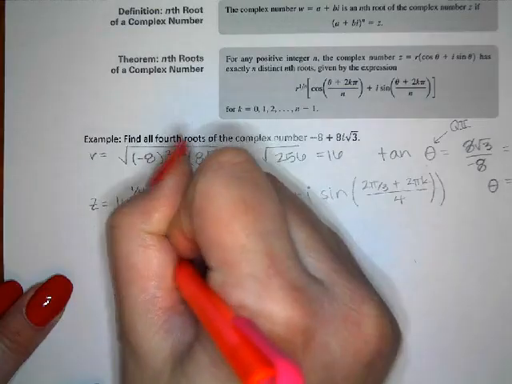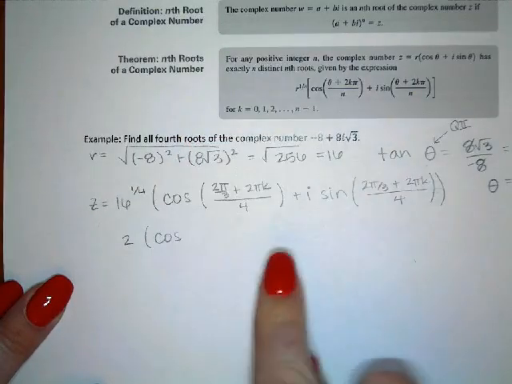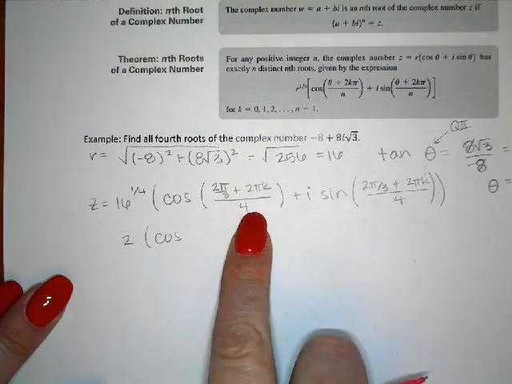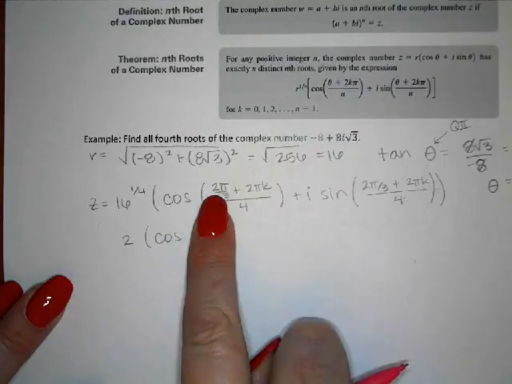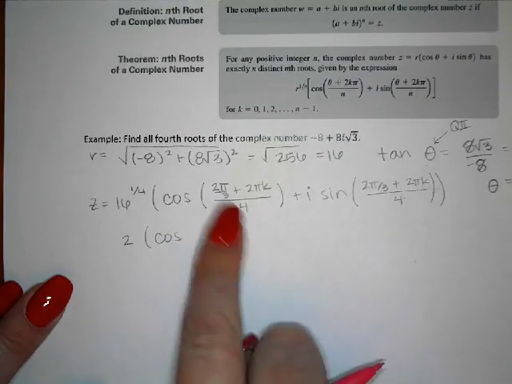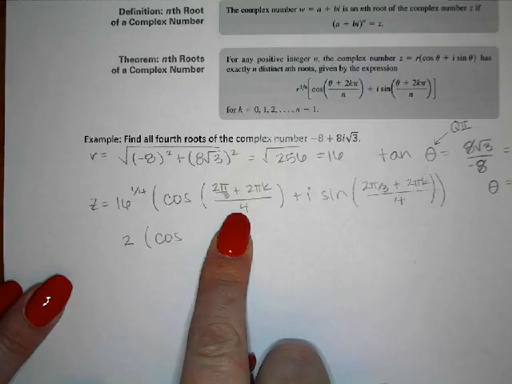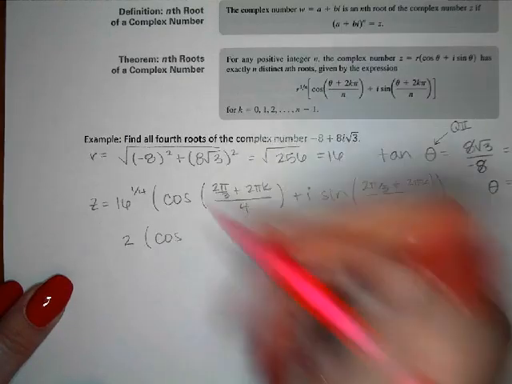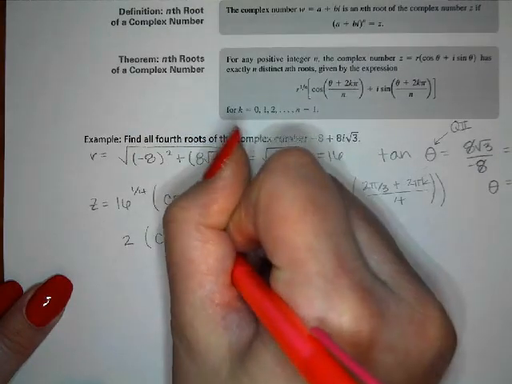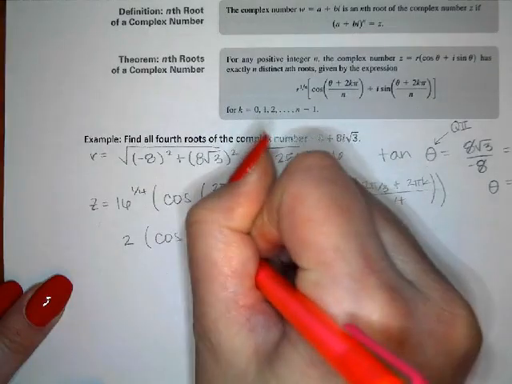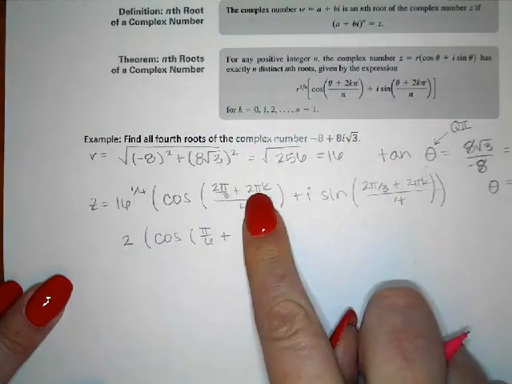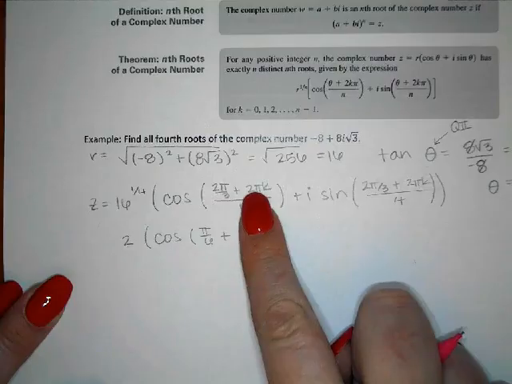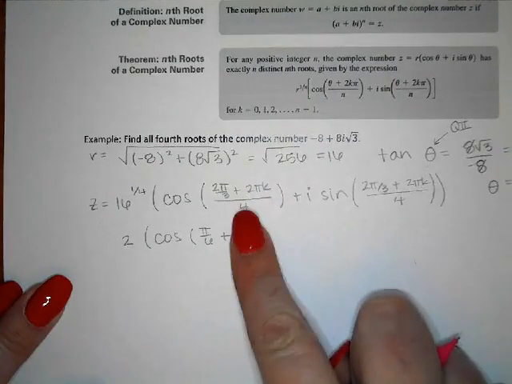And then 2 pi thirds divided by 4 would be 2 pi twelfths. And 2 pi twelfths is just pi over 6. So this is pi over 6 plus 2 pi k divided by 4, which would be 2 over 4. That's pi halves. So plus pi halves k.